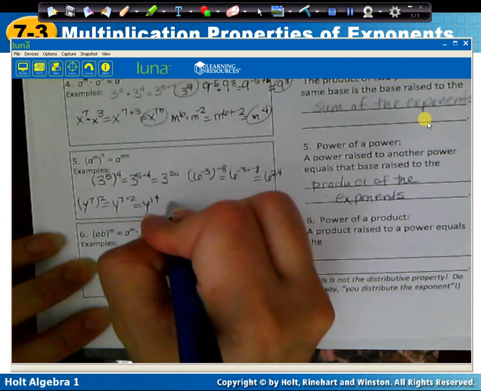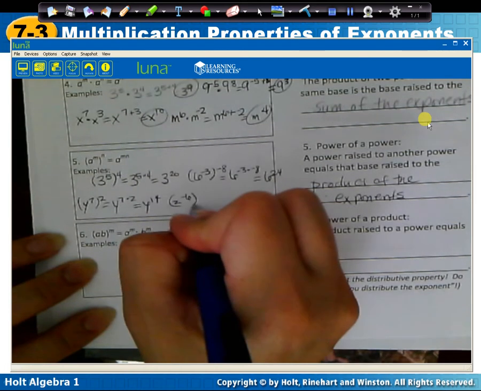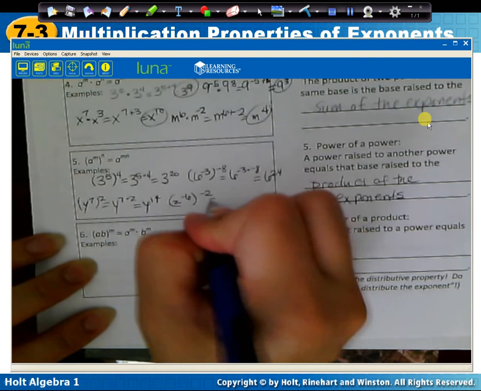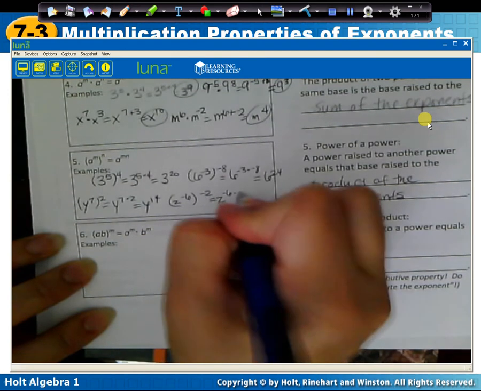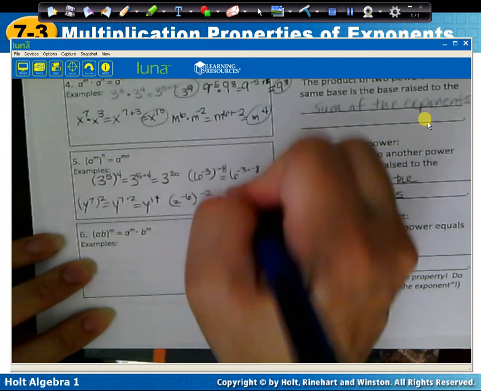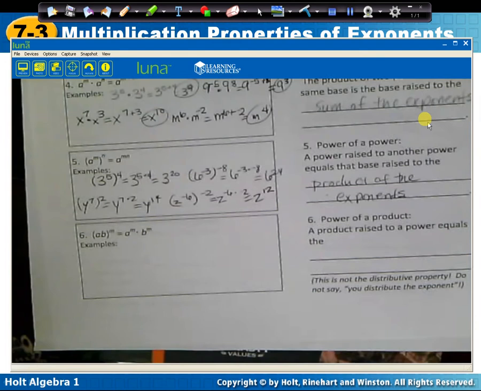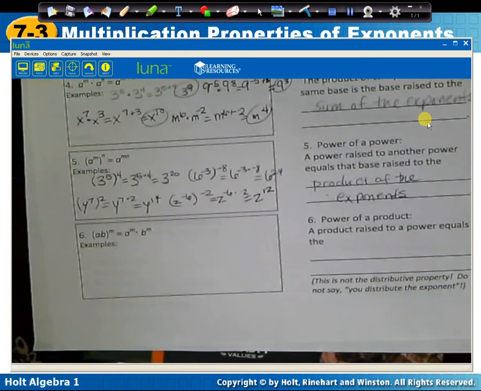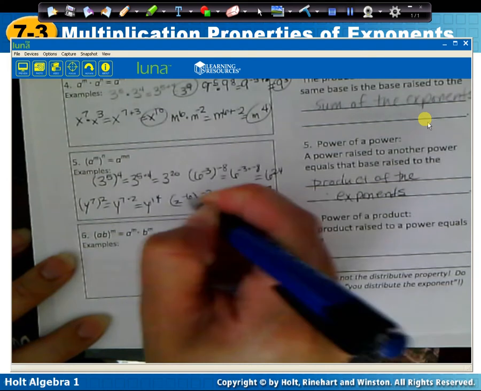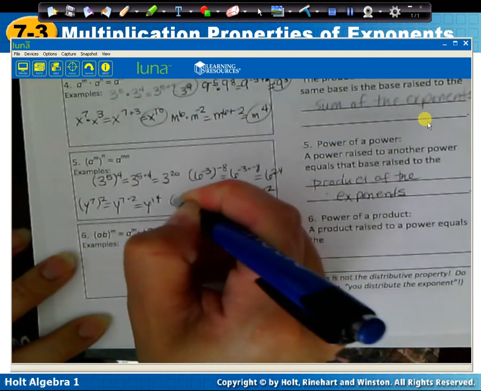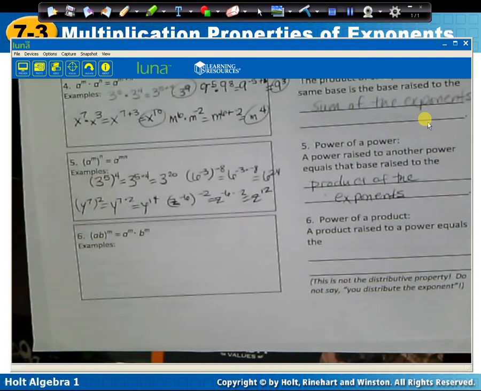If I have z to the negative 6 raised to the negative 2, that equals z to the negative 6 times negative 2, which gives me z to the 12. I'm going to put a line through my z's there so you don't confuse those with 2's. Not that it really matters because we're not asking you to solve this all the way out.